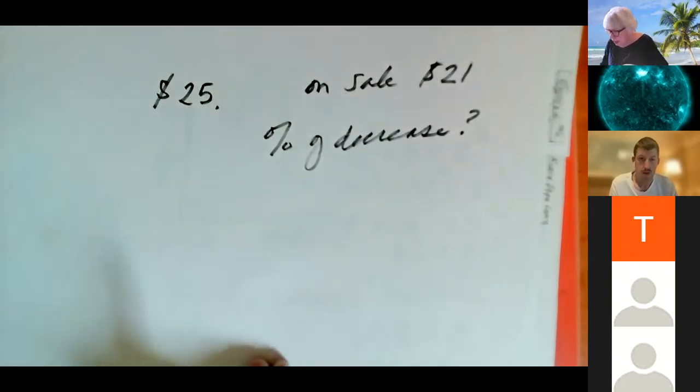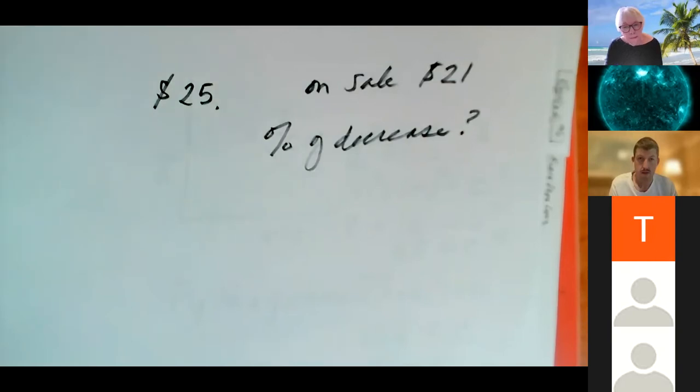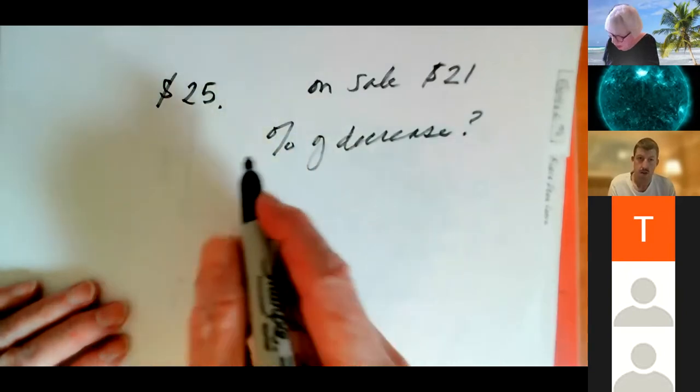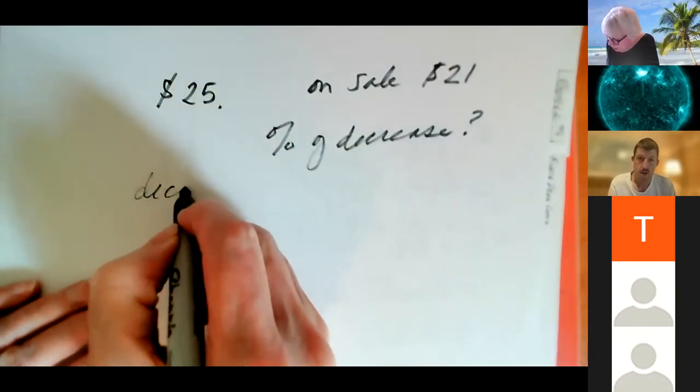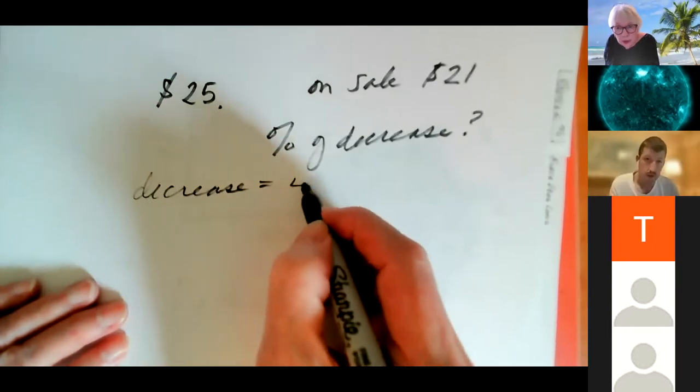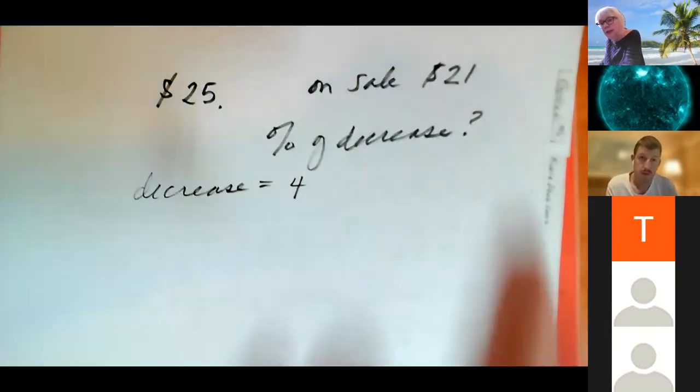Now, the trick is the meaning of the word decrease. Decrease is not $21. Decrease is how much it went down. Now, you're thinking, I'd like the price to go down, and then the question is how much the actual decrease is. 25 minus 21 is $4. It went down 4.